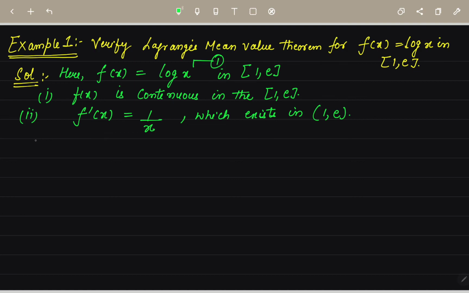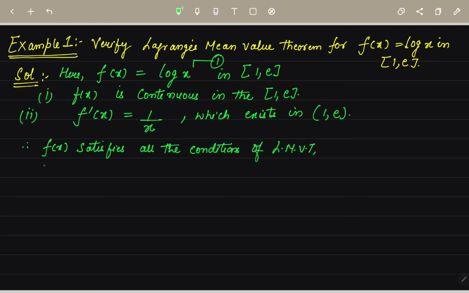So I will write here, since f of x satisfies all the conditions of Lagrange's mean value theorem, I am writing the short form, so don't use the short form in the paper.